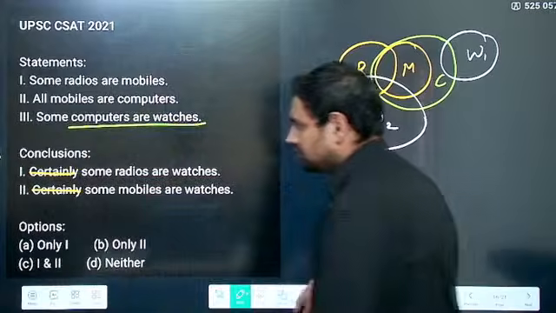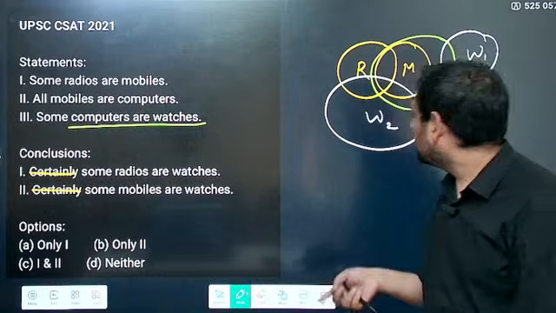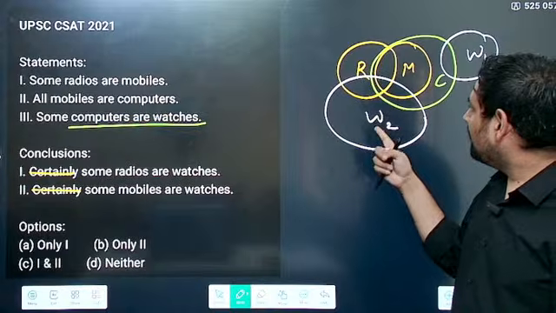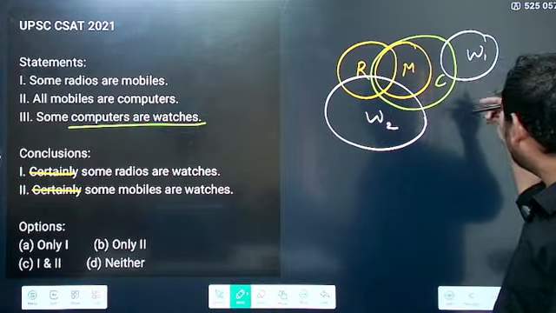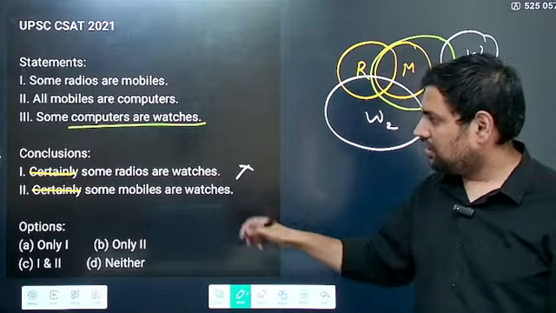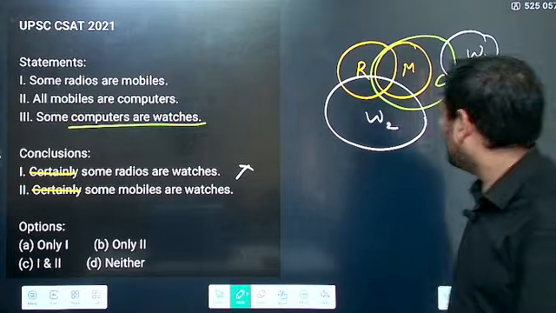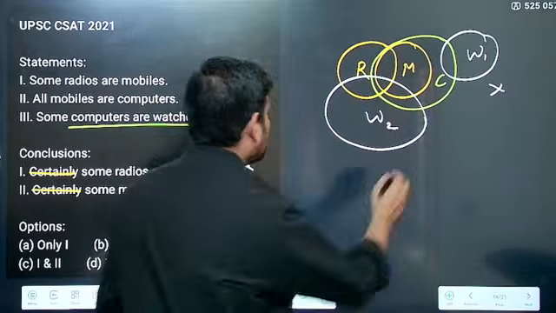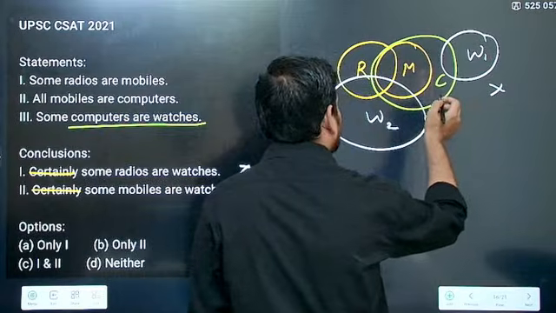Then some radios are watches. Some radios are watches, correct according to this, but not according to this. Here some radios are not watches, so wrong. Some mobiles are watches.